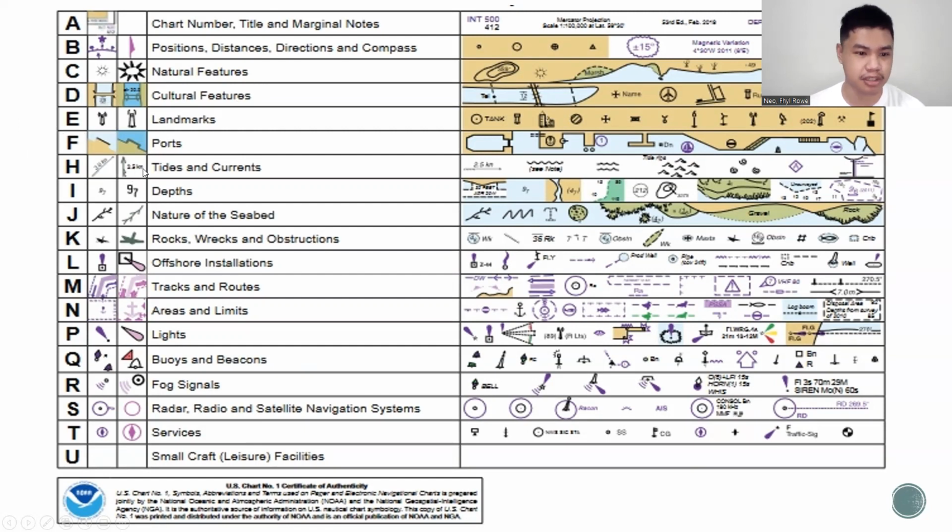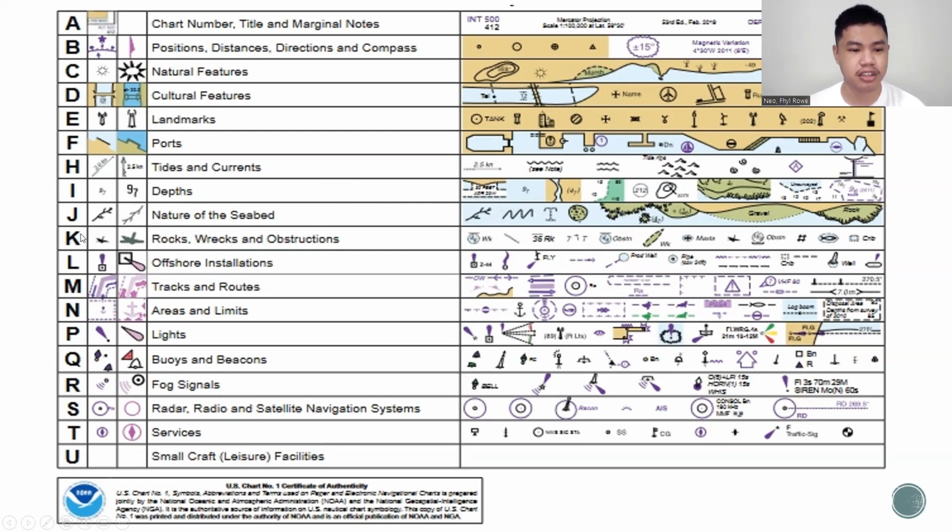So 2.5 kilometers, and this is, I think, 3.2. Well, let's go. The nature of the seabed is the symbols and its abbreviation. So now the rocks and wrecks and obstructions.